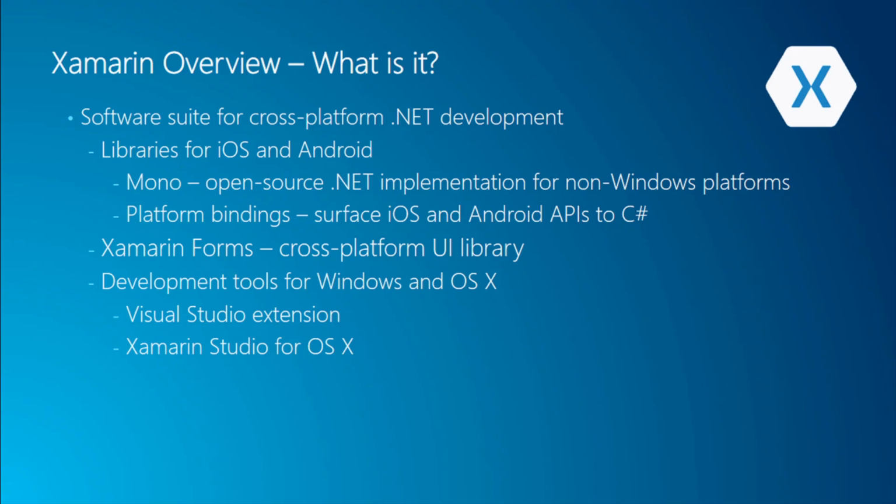Xamarin Forms is a UI abstraction layer on top of those platform bindings that let you write a UI presentation layer that can be shared across iOS, Android, and Universal Windows platform. So instead of writing your UI 3 different times, you can write it once and then reuse it across those different platforms. Moreover, it allows you to write your UI using XAML.